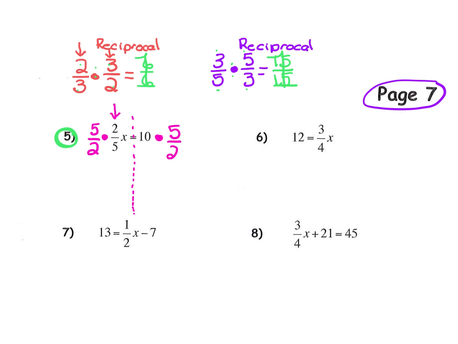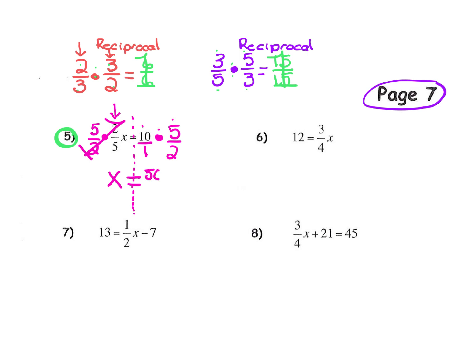So multiply 10 by 5/2. Now we know, based on what we saw above, that this will one out, and x will be left alone. On this side, we're going to multiply 10 times 5/2. Put a 1 underneath the 10, make sure you're taking down these notes, and simply multiply top times top.